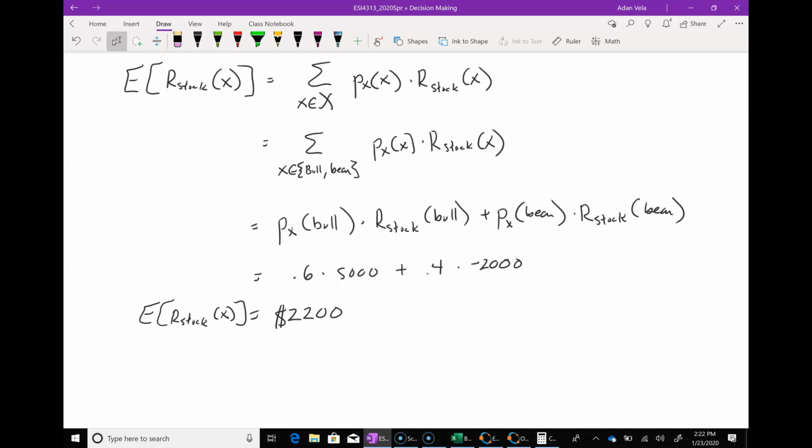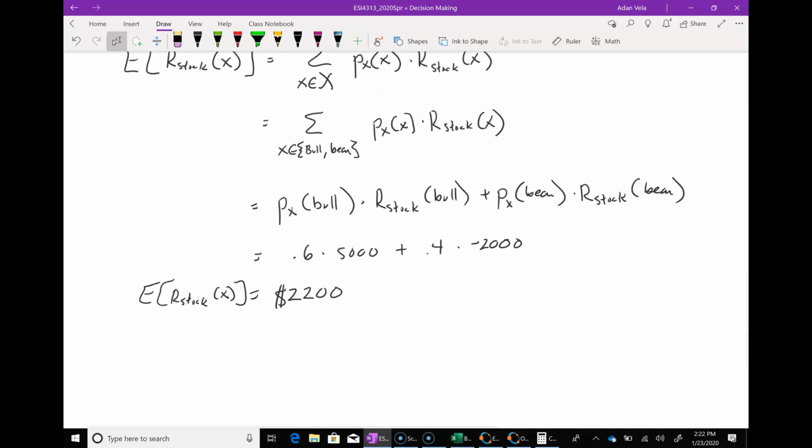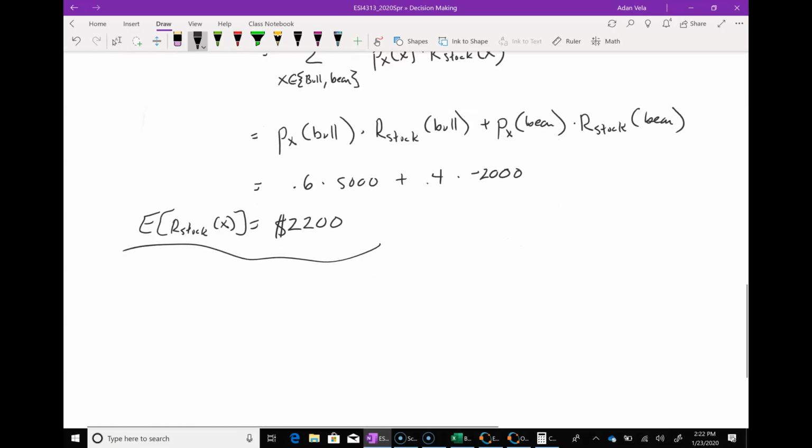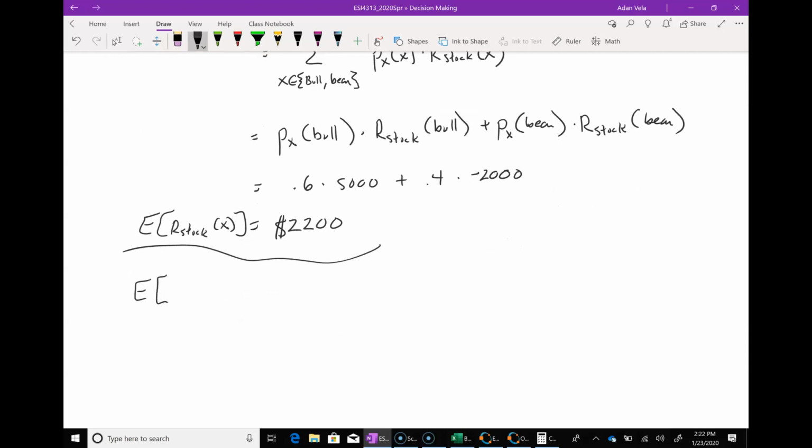Okay, so we can do the same thing to calculate the expected reward for bonds. We're going to go through what's the probability of having a bear or a bull market, and we're going to multiply it times the reward of investing in bonds when it's a bear or bull market.